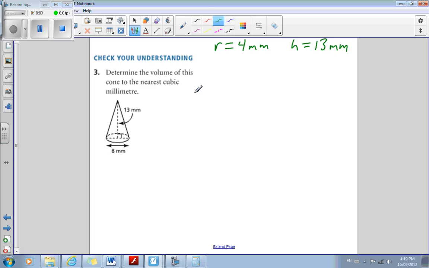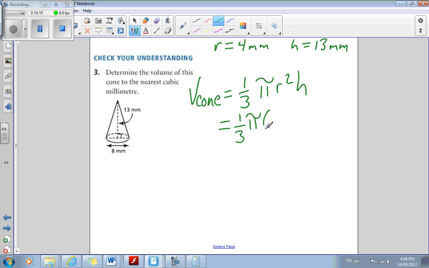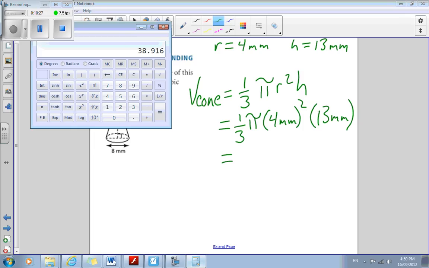Okay, so volume of cone equals 1/3 pi r squared h. So 1/3 pi times r, which is 4, squared, times h, which is 13. So let's go to our calculator and I'll show you exactly what you have to do here.